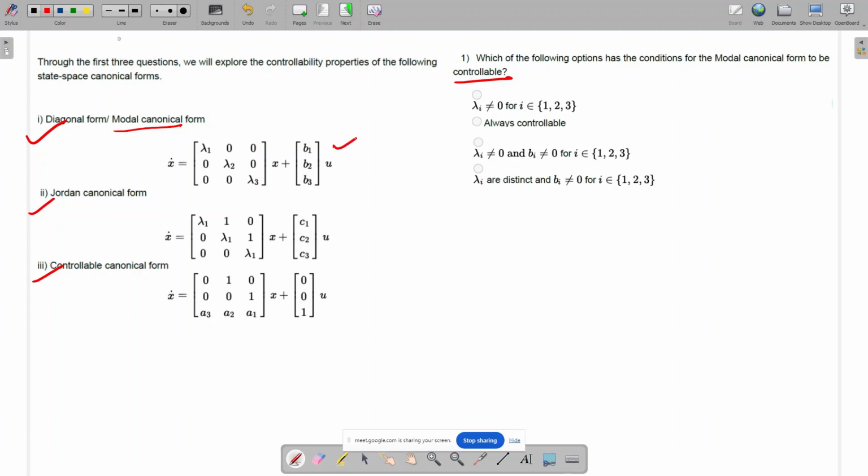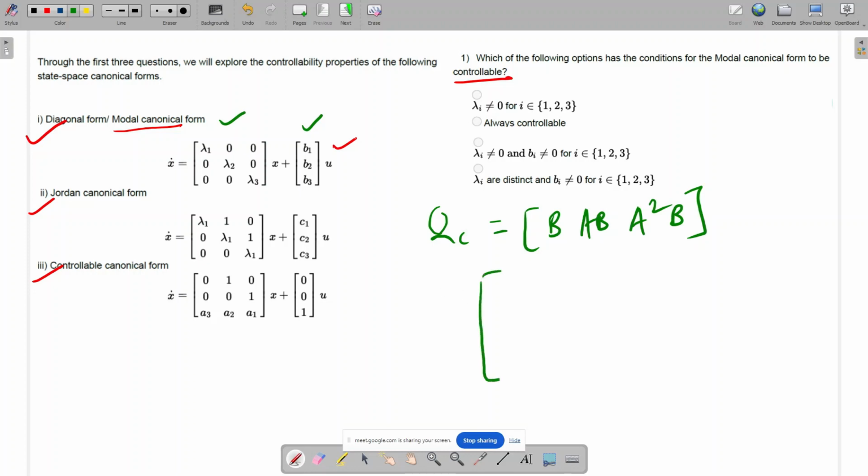So the controllability matrix is QC equals B, AB, and A squared B. Here B is given, and this is the A matrix. So the first column of QC will be the B matrix: B1, B2, and B3.